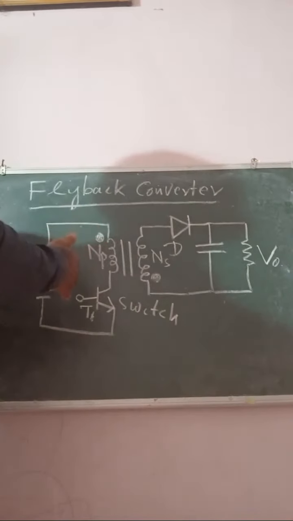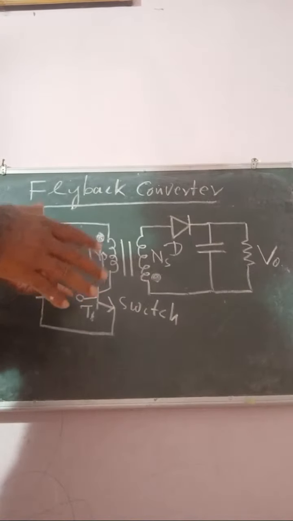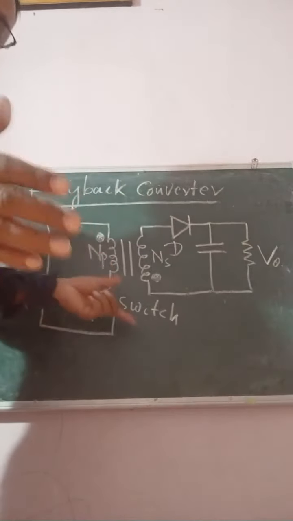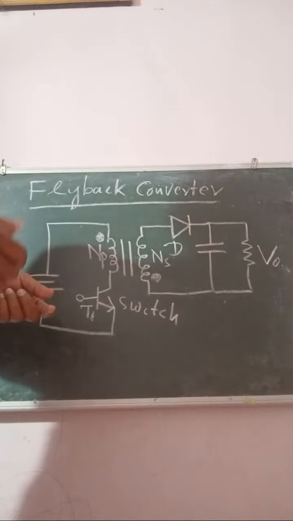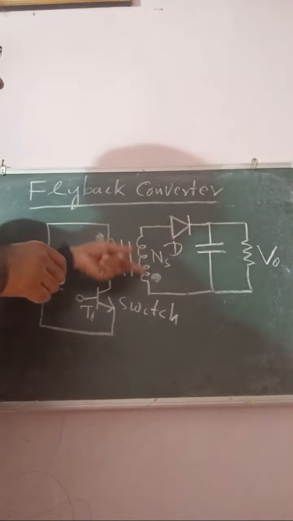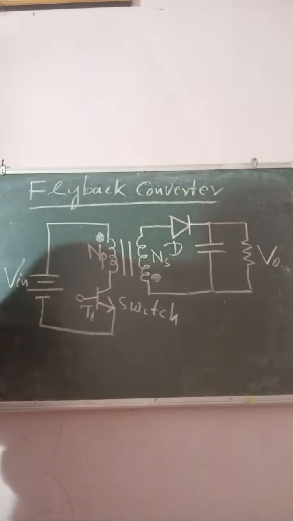What is the advantage of isolation? In a buck boost converter there is no isolation, meaning the source and load are not isolated. That is the main disadvantage, and therefore the buck boost converter is used only limitedly.